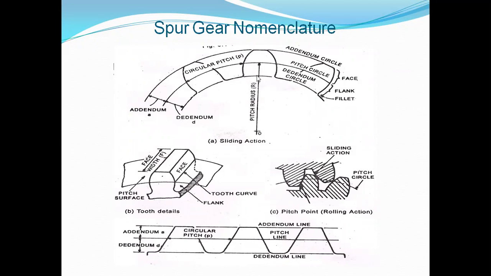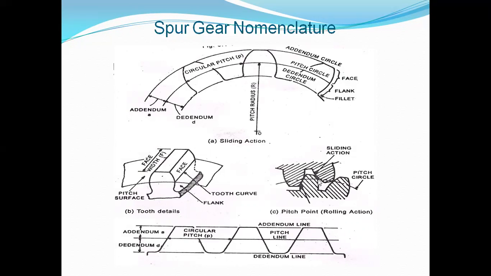It is a wheel, and the wheel is having teeth. The circle passing through this diameter represents an imaginary friction wheel. Observe here the mating: this is one gear and this is another gear. These two are mated at this position. The motion is transferred by this meeting only.